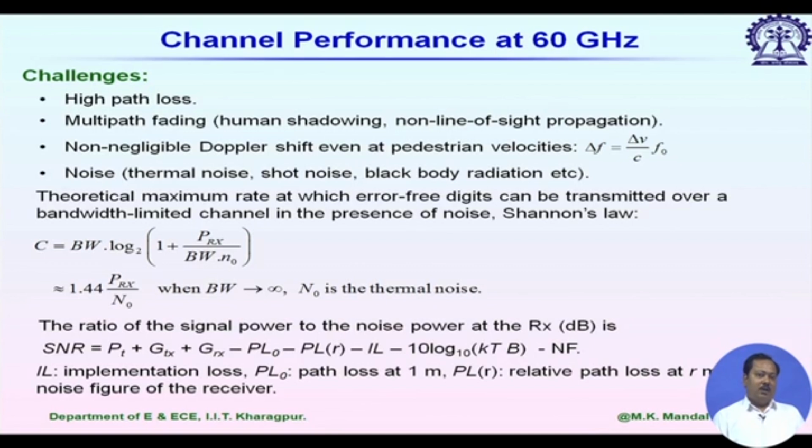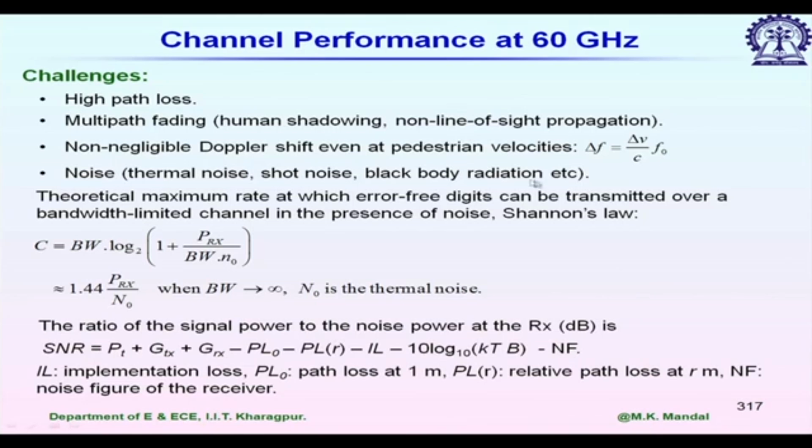So, if there is a link and any human is present between the transmit and receive antennas, then the received power can degrade by as much as 20 dB. So, that we have to keep in mind.